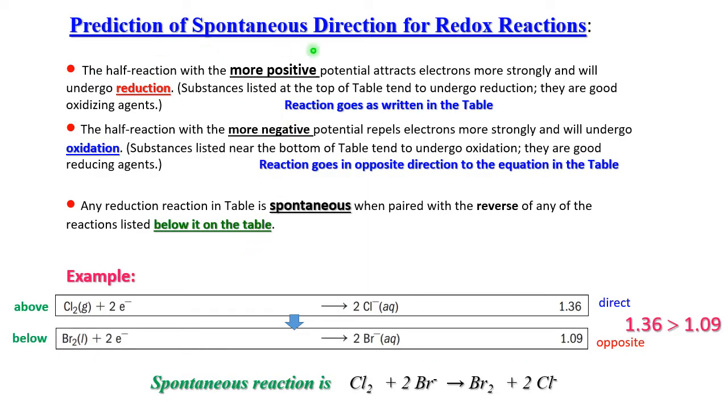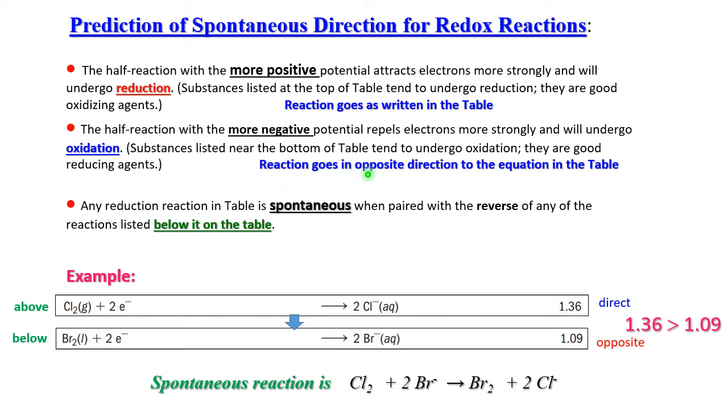How to predict the spontaneous direction for a redox reaction? The half reaction with more positive potential attracts electrons more strongly and will undergo reduction. So the reaction with more positive potential will go as it is written in the table. The half reaction with more negative potential repels electrons strongly and will undergo oxidation.